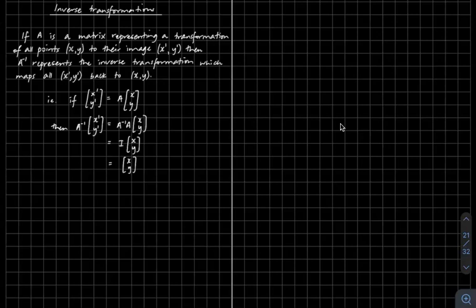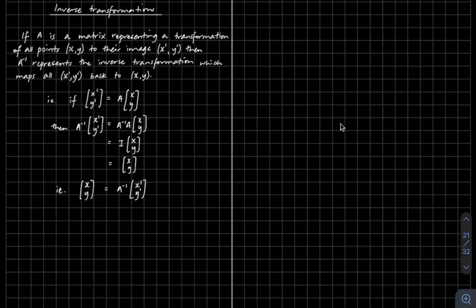So in other words, if we reverse the order of that statement, then we're saying the points x, y can be found by multiplying the inverse of A by the image points x dash y dash. Now this is going to be quite useful to us in coming lessons, but let's just at the moment think about what that means.